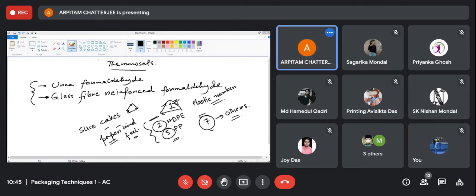Do you understand? And another important thing: if you see a plastic bottle having a label, how many times do you see a paper label on a plastic bottle? Mostly you will see the plastic bottles have plastic labels only.